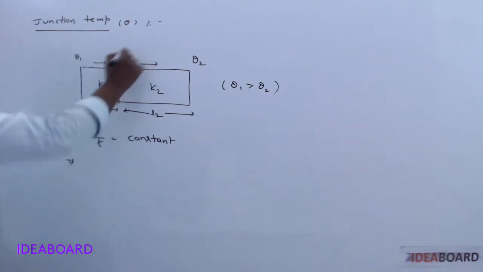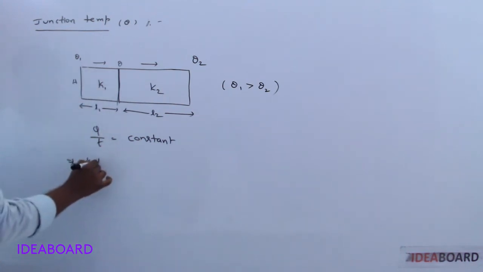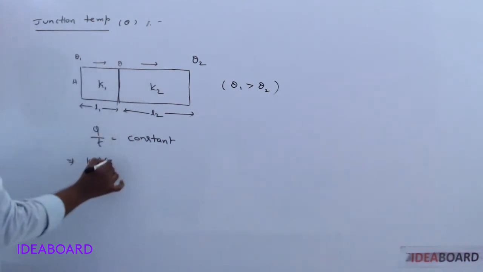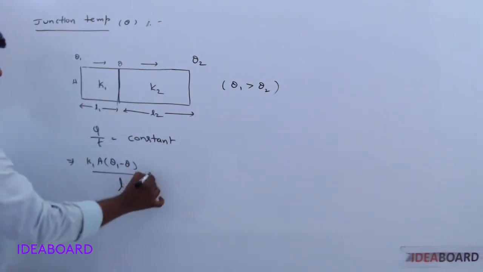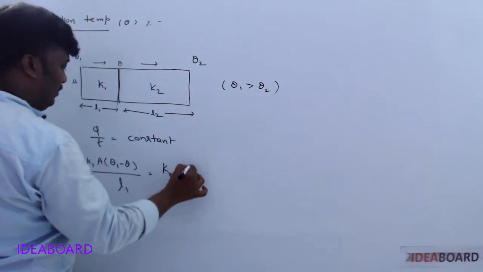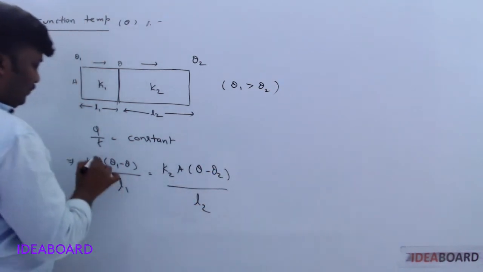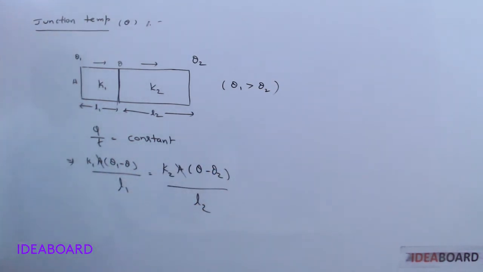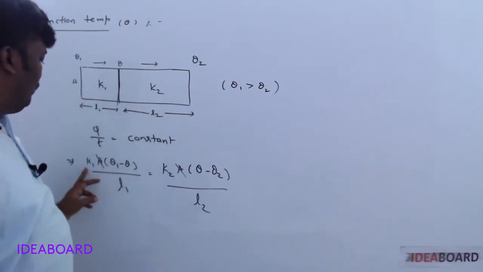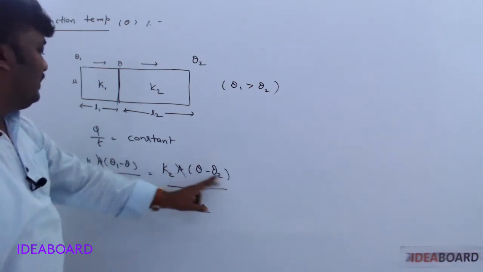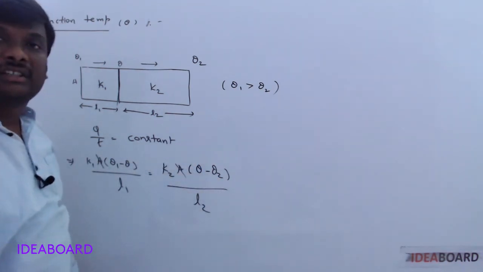Q by T formula: K1A, the area of cross section of both is the same, temperature difference between those two, theta 1 minus theta, by length L1, equals K2A, theta minus theta 2 by L2. A cancels. In the given question, they give L1, K1, K2, L2. Temperature is given. So by using this small formula, you can get the junction temperature theta.